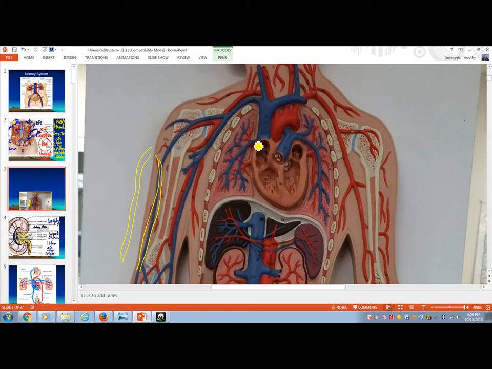And there are basically two divisions of the descending aorta. Not shown here, so I'm kind of drawing it in. You have the thoracic aorta, and then you have the abdominal aorta.